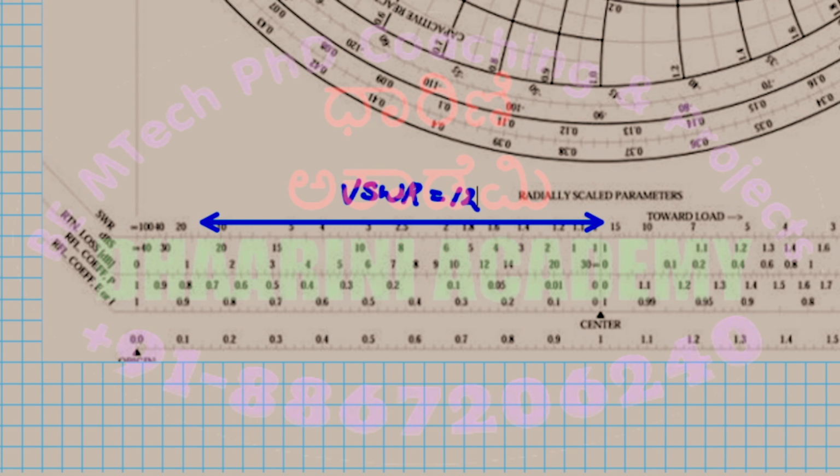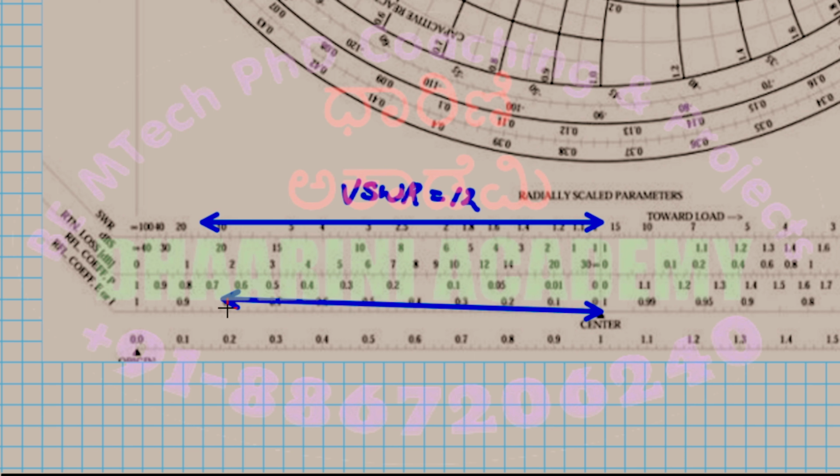You can see at the bottom: one is reflection coefficient P, and one is reflection coefficient of E or I. So I am supposed to look at the reflection coefficient of E or I, because whatever I'm measuring is with respect to the voltage or the current, correct? So I'm holding the radius, whatever I measured earlier, but now I'm placing that particular radius on this graph.